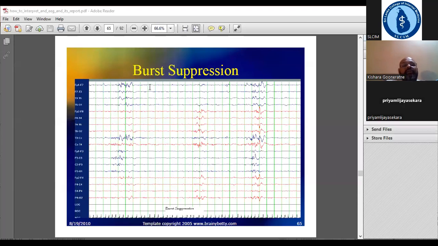And then all of a sudden, the background activity is completely suppressed. You can't see any waveforms, right? This particular area is now under suppression. And then you have another sort of high amplitude activity. This is an example of burst suppression.